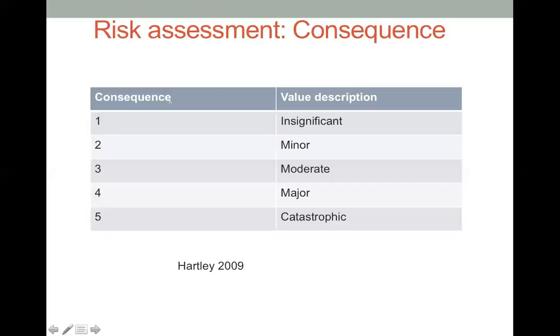Okay. And 5 is normally defined as catastrophic. So from an OHS or work health and safety perspective, catastrophic could be someone dies, for instance, or someone needs to stay in hospital for quite a long period if the risk happens. That is the reason why we claim it is catastrophic.